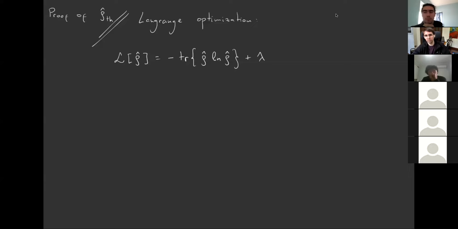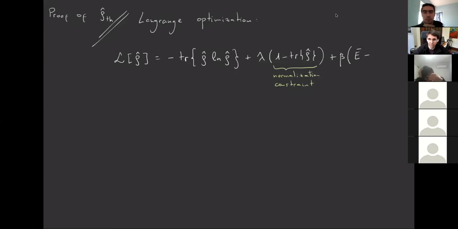So I have a Lagrange multiplier lambda that contains the normalization constraint. So this is the normalization constraint, this thing here. And we have another constraint that we have imposed, that is the mean energy, right?